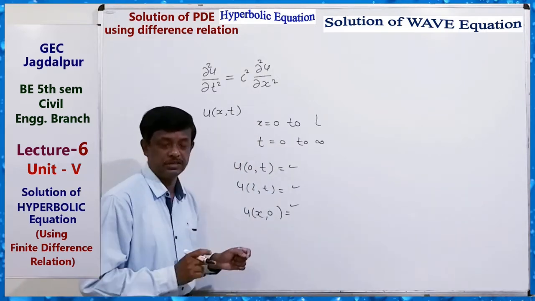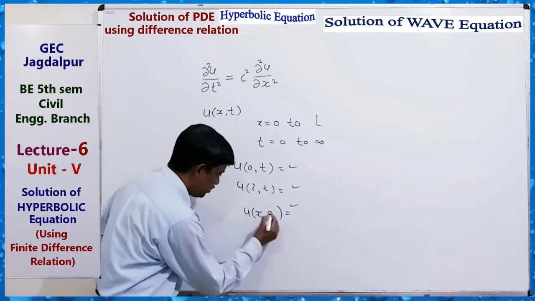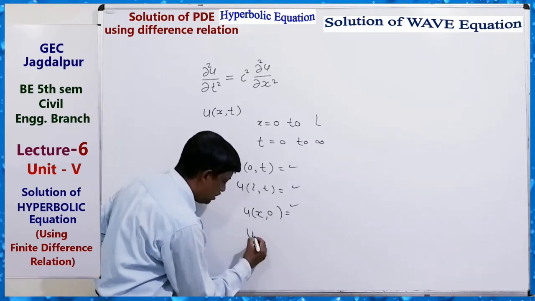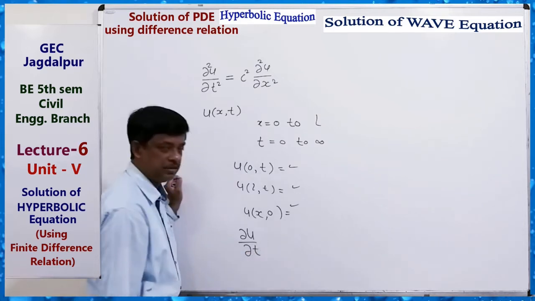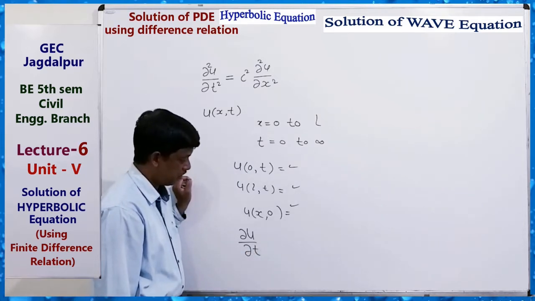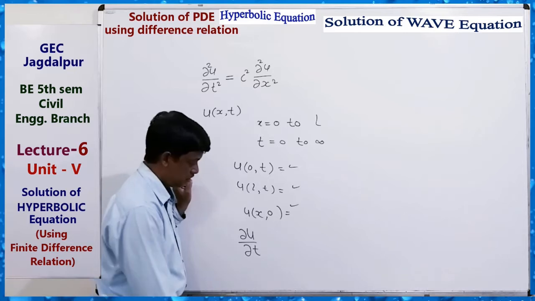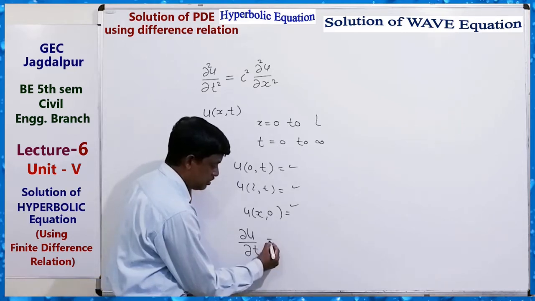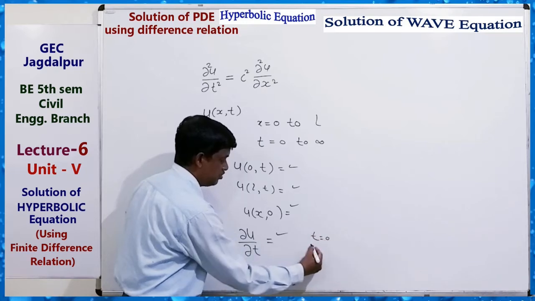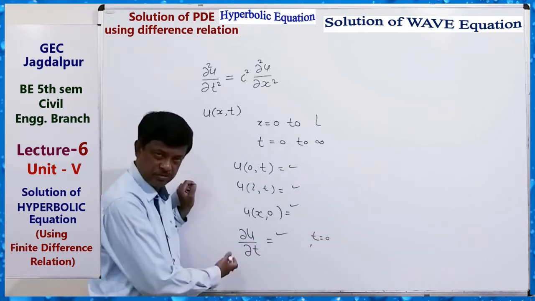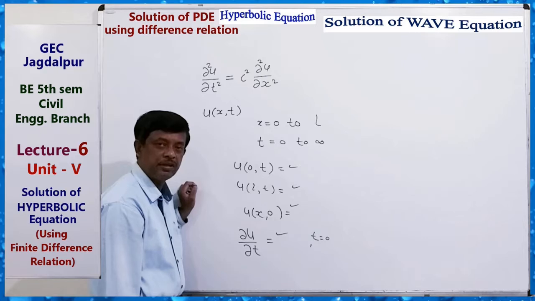Here there are two initial conditions: u(x,0) and del u by del t equals something for t equals 0, also a function of x.